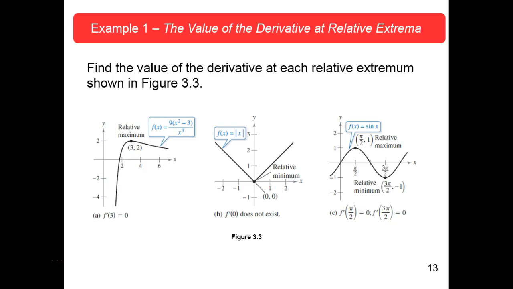Quotient rule, or you could have written this as 9 times x squared minus 3 times x to the minus 3 and then use the product rule. Either way you want to do it is fine.